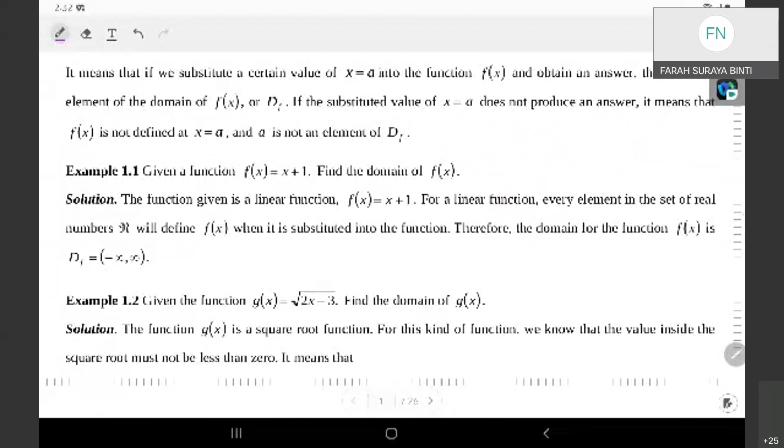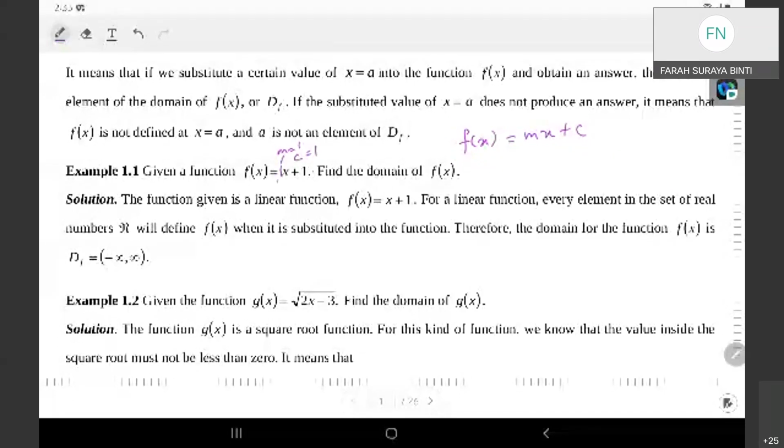Okay. The function given is a linear function. Linear function awak tahu kan dia adalah bentuk in the form of mx plus c. Awak selalu hafal kan linear function adalah y equal to mx plus c. So kiranya kalau dekat sini m dia adalah 1, c dia adalah 1. Okay, 1x plus 1 kan.